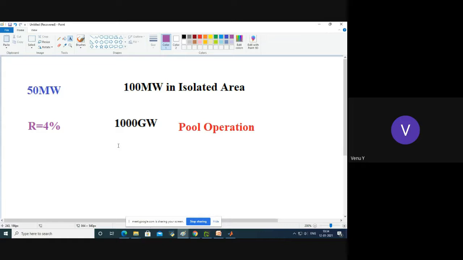Can you estimate the change in frequency in the first case as well as in the second case? You can open your notebooks and please tell me.